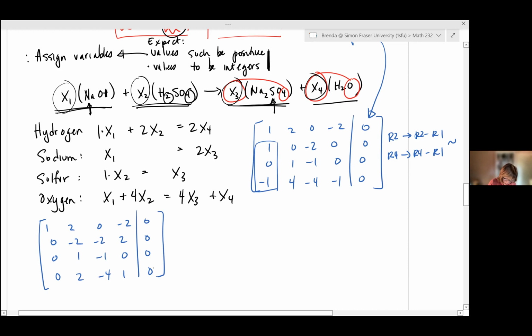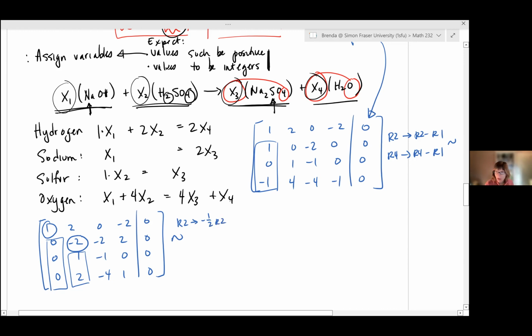Okay, now I've got the leading one here, and I've got all the zeros here. So I'm moving on to this position right here, trying to get a leading one there with zeros below. I could swap rows 2 and 3, or I could multiply row 2 by minus a half. Either one is possible. So there's a couple of possible ways. I, for whatever reason, chose this one, R2 being replaced by minus 1/2 R2.